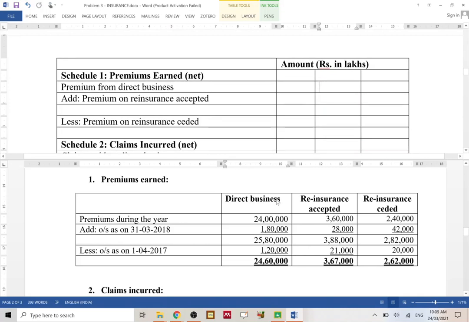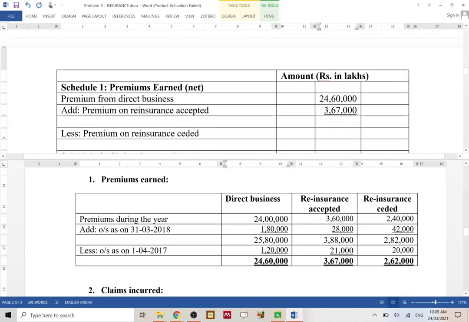From direct business, now we are going to look like this. Okay, look in this order. Find vertical order. Earlier we were looking at the horizontal order for how much is outstanding. Now it's this way. So from direct business it is 24,60,000. Add to that reinsurance accepted, we have 3,67,000.